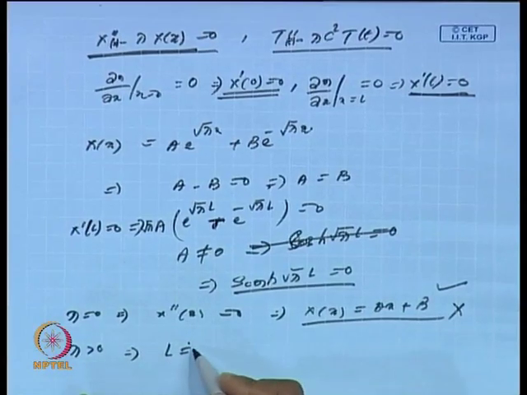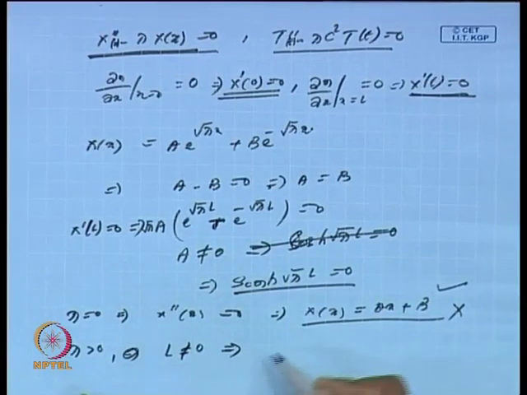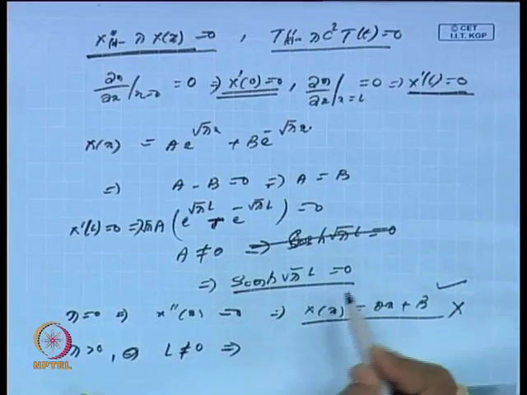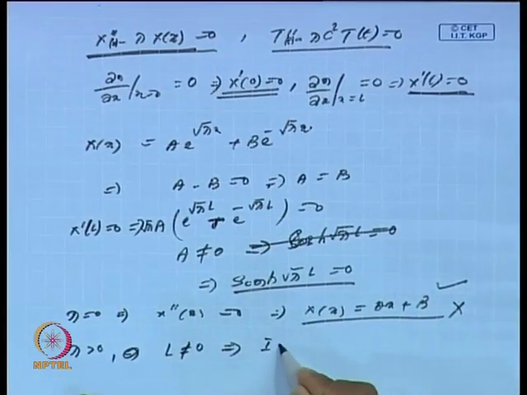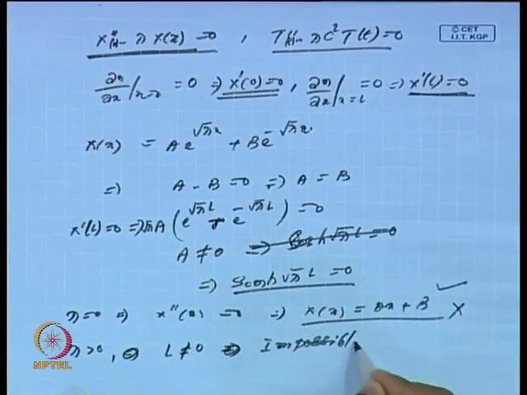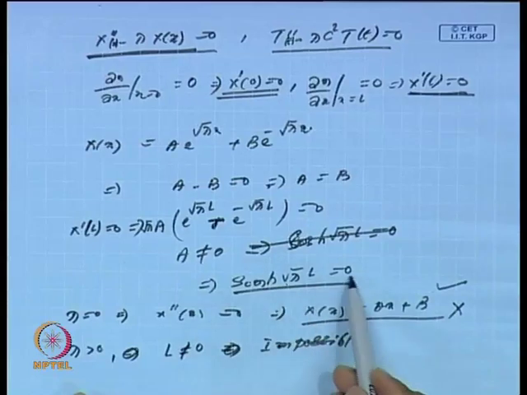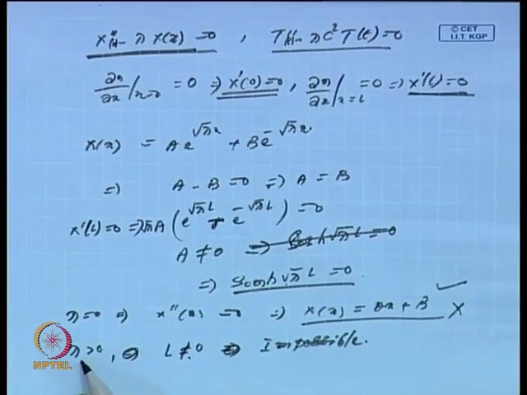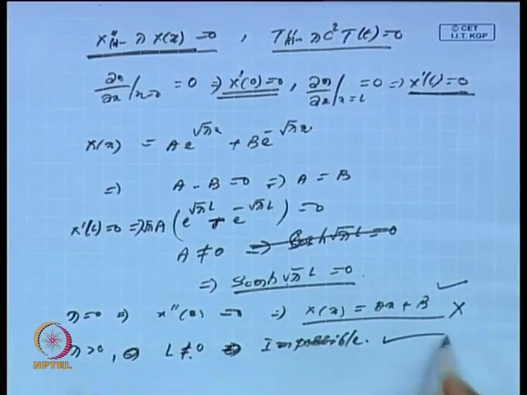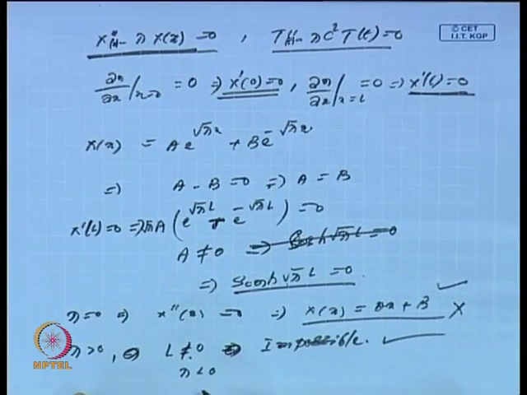So, this term cannot be 0, impossible. This is an impossible solution because I have sin hyperbolic root lambda L is 0 and L is not equal to 0, lambda is greater than 0, which is impossible. So, this is also another case. So, the only choice remains that lambda has to be less than 0.